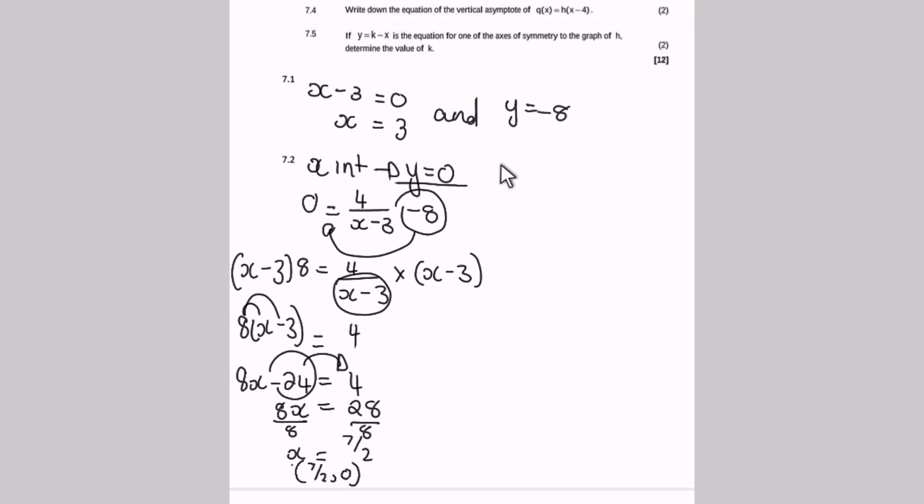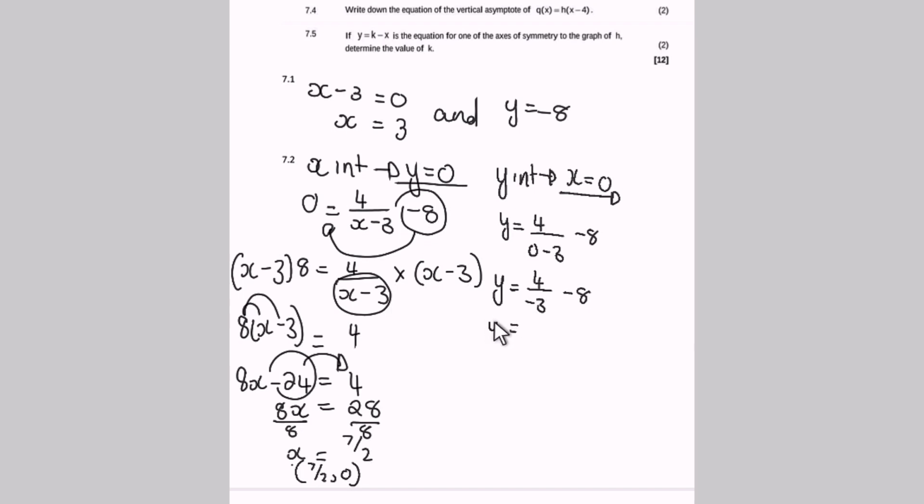Next, we'll be looking at the y-intercept, which is x = 0. Then we'll substitute in the x = 0 into the h(x) equation and have y = 4/(0 - 3) - 8. Then we'll have y = 4/(-3) - 8.